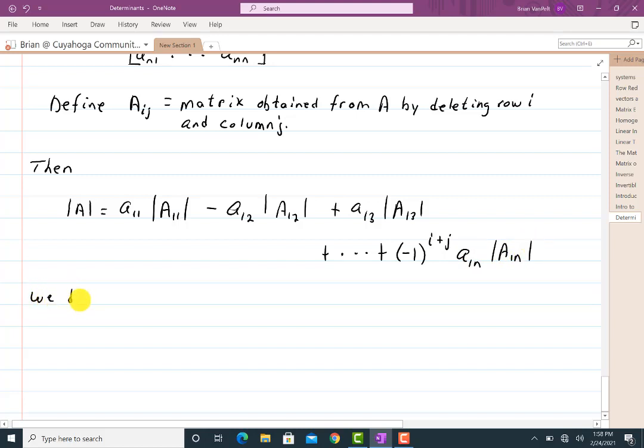We define the ij cofactor as Cij equals negative 1 to the i plus j times the determinant of Aij.